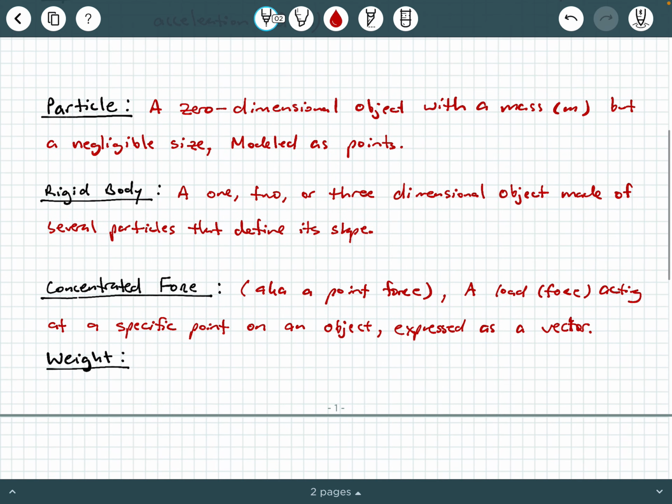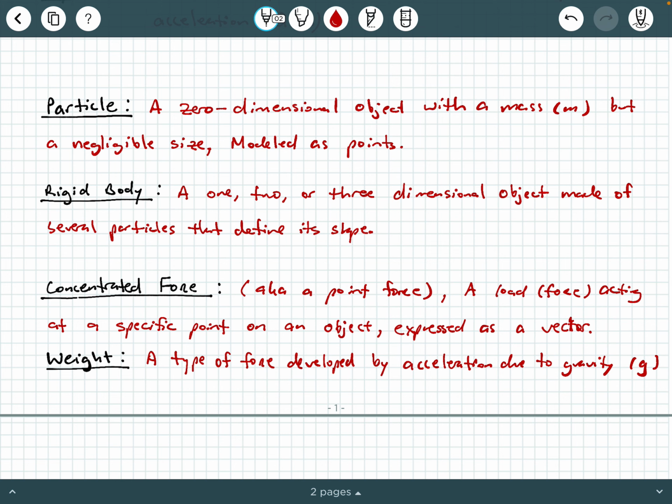What about weight? Weight is a type of force developed by acceleration due to gravity, which we call g, acting on a mass m.